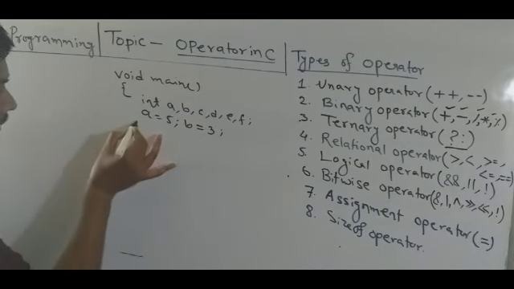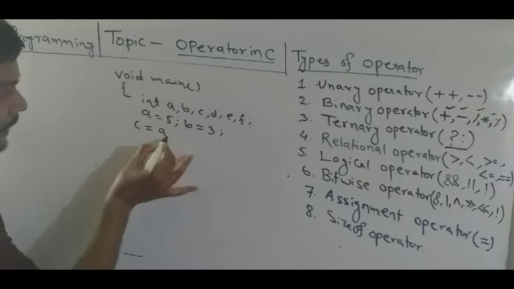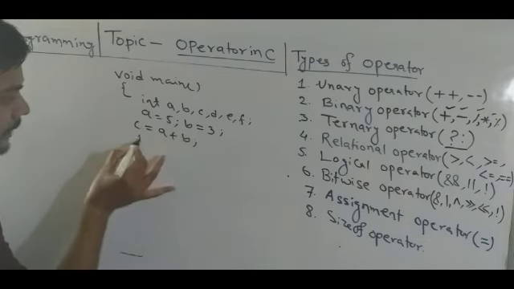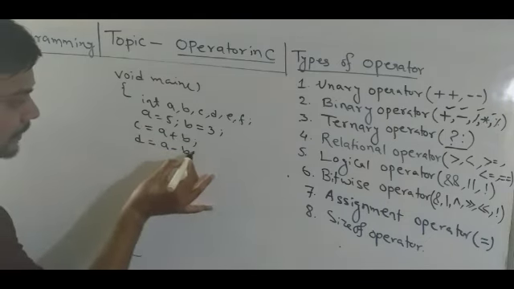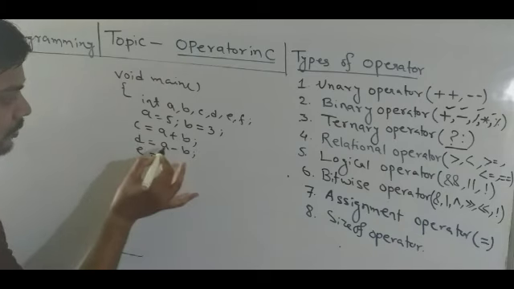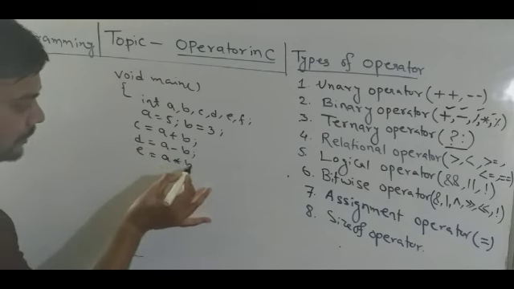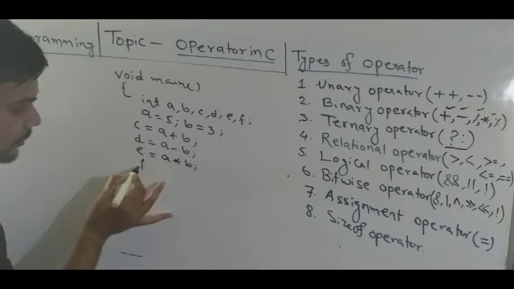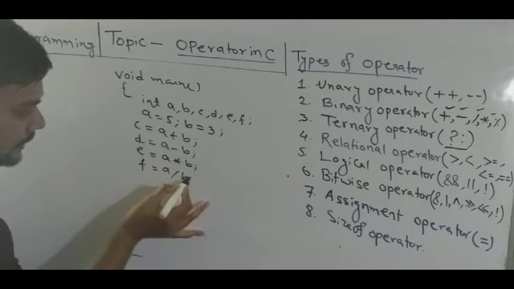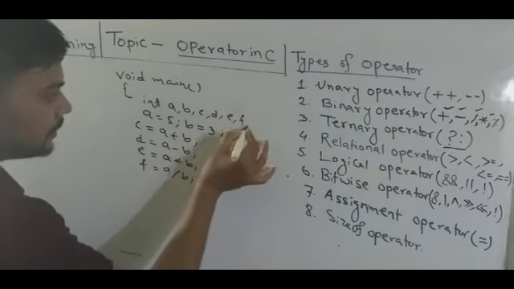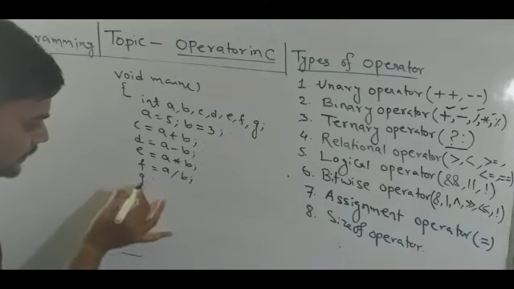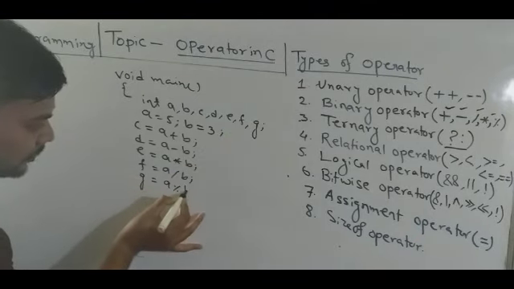And after that c equal to a plus b, d equal to a minus b, e equal to a multiply with b, f equal to a divide b, and g is equal to a modulo b.